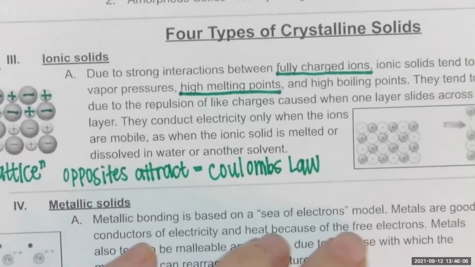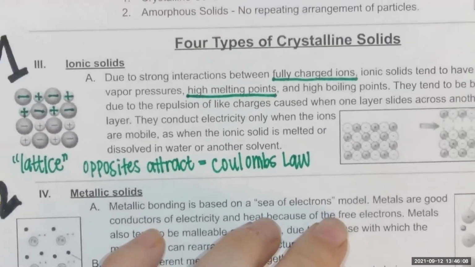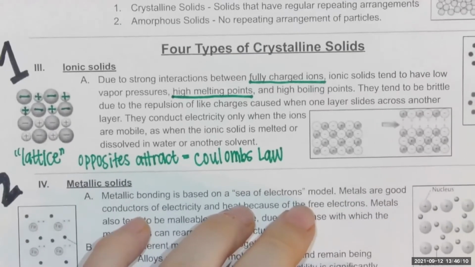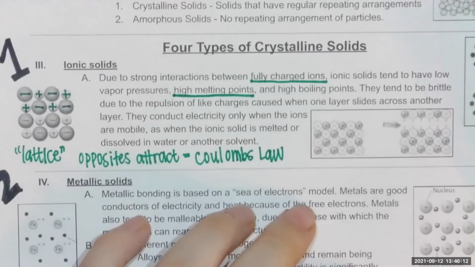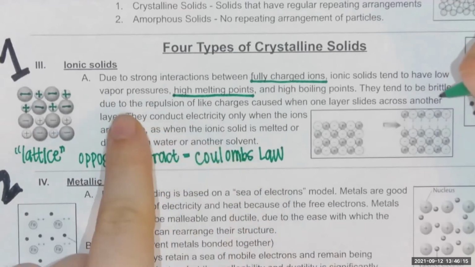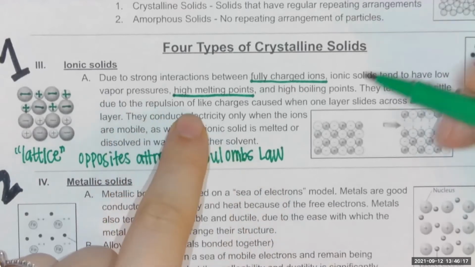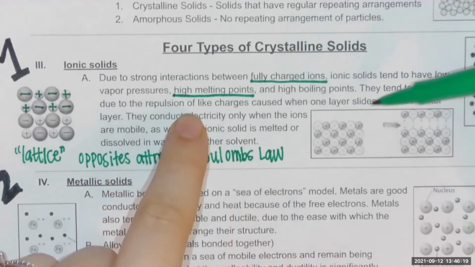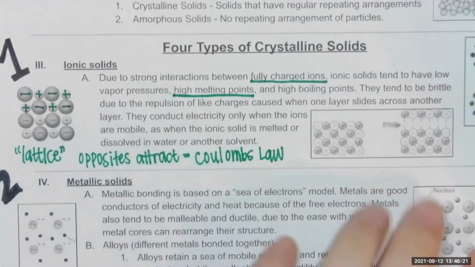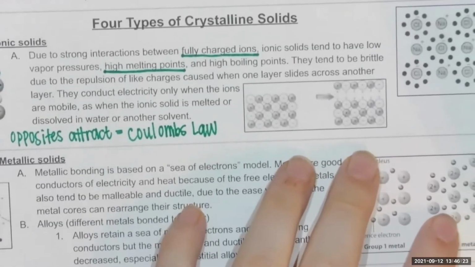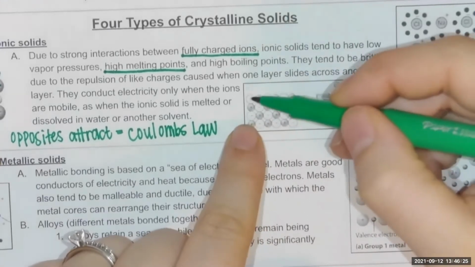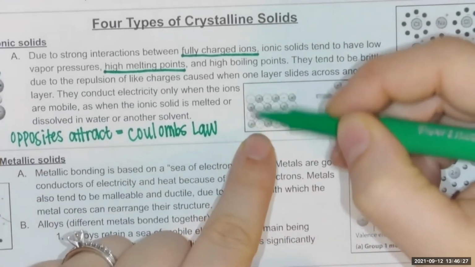They tend to be brittle due to the repulsion of like charges caused when one layer slides across another layer. So if we're looking at my little lattice grid here, negative, positive, checkerboard.